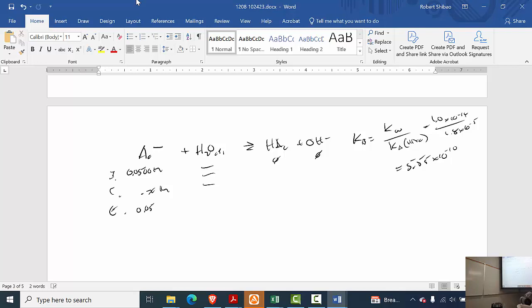So at equilibrium, we're going to put 0.0500 minus X, X, and X. So Kb will equal the HAc concentration times the OH minus concentration at equilibrium divided by the acetate concentration.